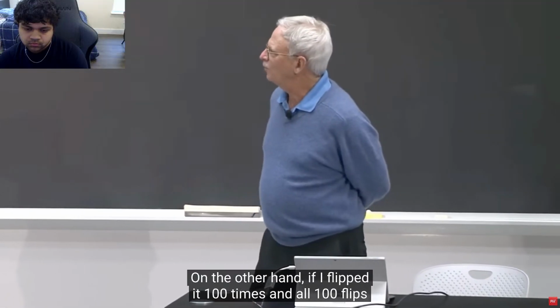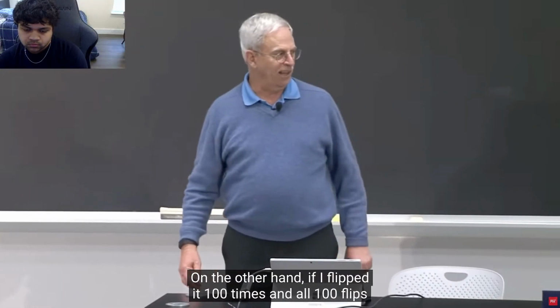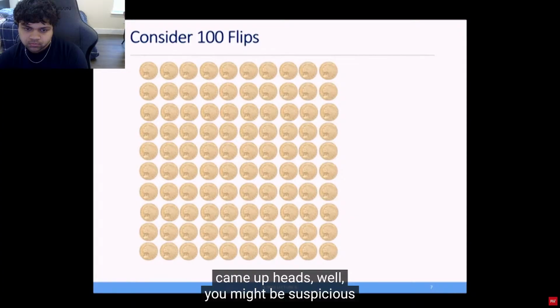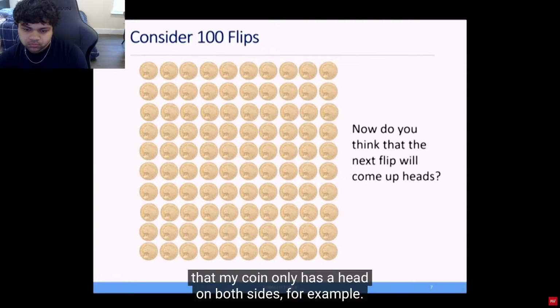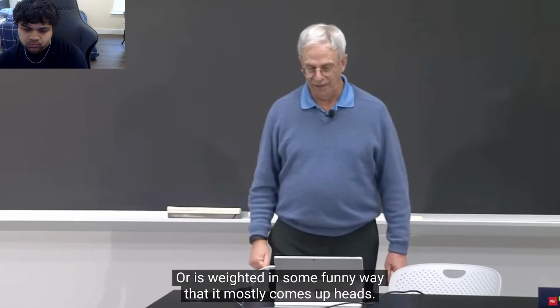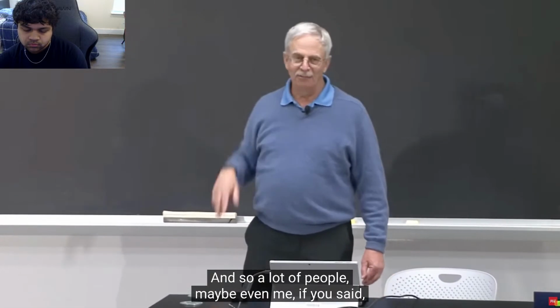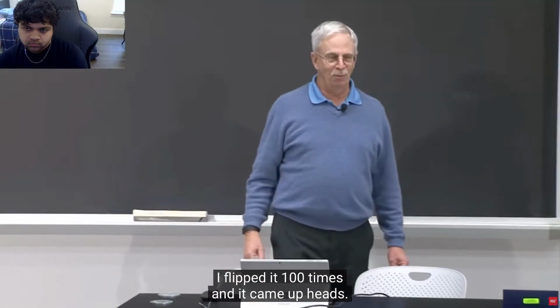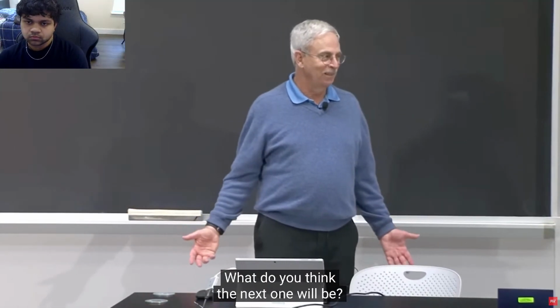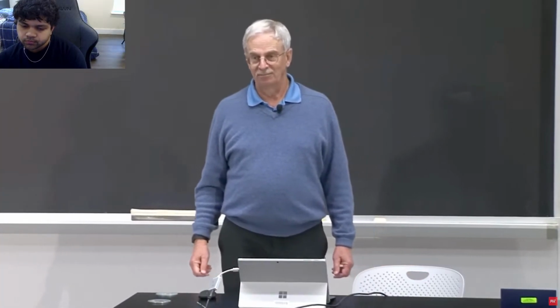On the other hand, if I flipped it 100 times, and all 100 flips came up heads, well, you might be suspicious that my coin has a head on both sides, for example, or is weighted in some funny way that it mostly comes up heads. And so a lot of people, maybe even me, if you said I flipped it 100 times and it came up heads, what do you think the next one will be? My best guess would be probably heads.